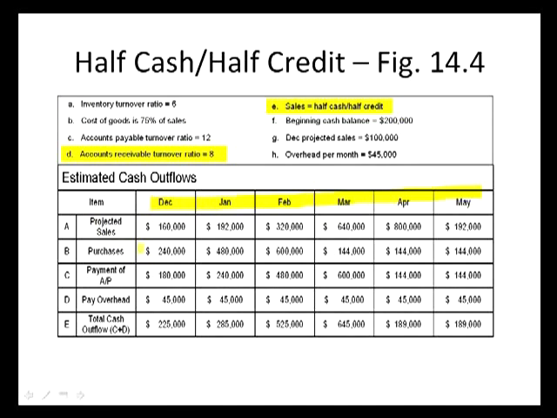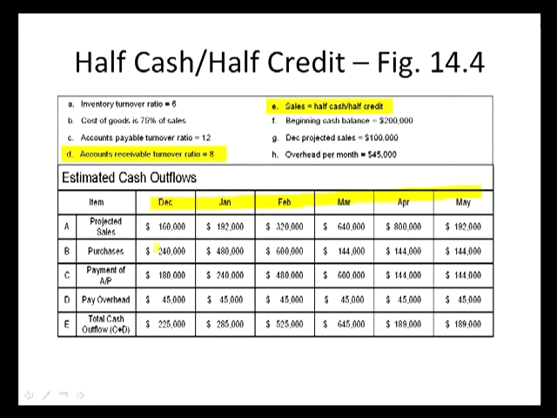From the cost of goods percentage, we know that whatever we sell for $1 typically costs us 75 cents. This means that what we are selling in February was actually purchased in December, and it cost us 75% of the sales revenue for February. We repeat this for each month. The accounts payable turnover ratio is 12. When we take 360 days divided by 12, the answer is 30.